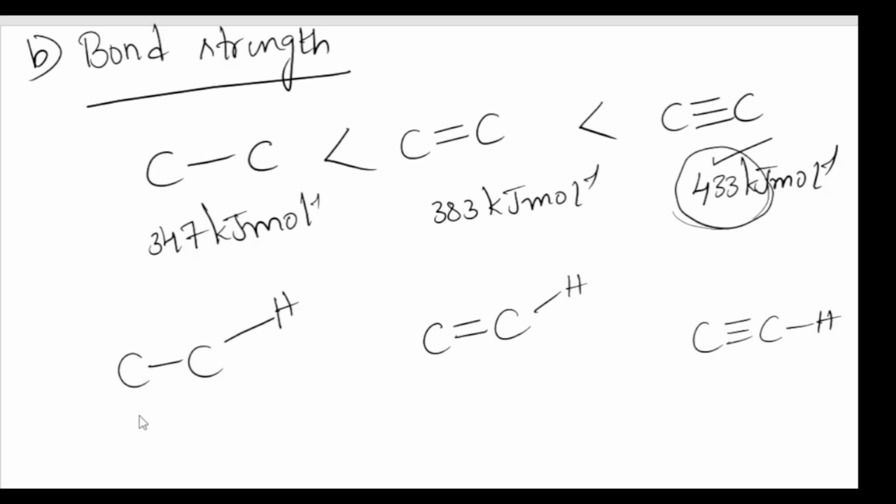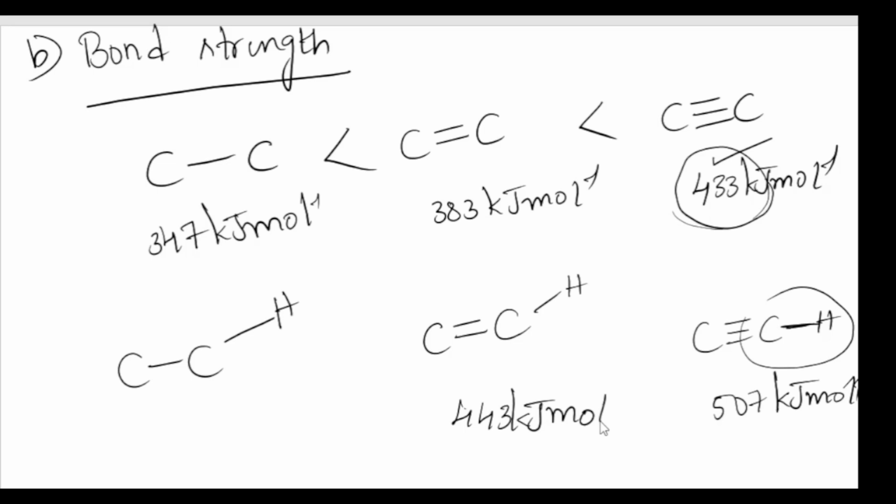Now the bond energy, whatever the C triple bond C and this hydrogen, this bond strength I'm talking about, is 507 kilojoule per mole, this one is 443 kilojoule per mole, and this one is 435 kilojoule per mole.